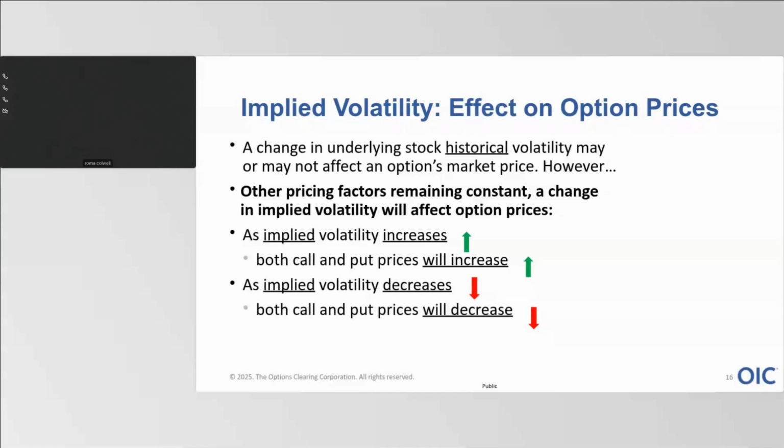And the put, if it's not in the money, is fully extrinsic value. So as volatility goes up, you would expect both the calls and the puts to go up in price. And the reverse is true if volatility is going down.